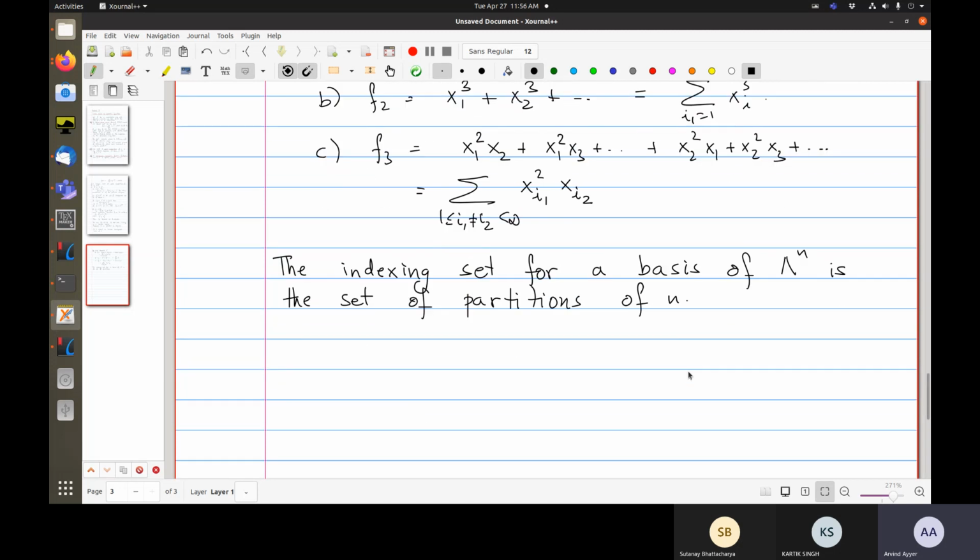And so that leads to the first distinguished basis, in some sense the simplest ones, called the monomial symmetric functions. These are the analogues of monomials in the polynomial ring.